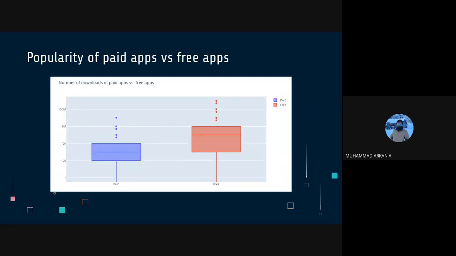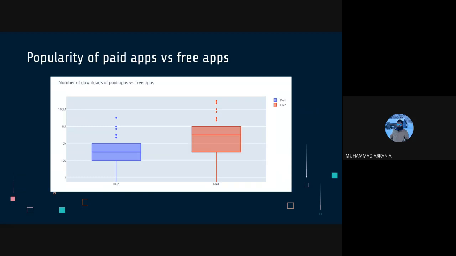Now we are going to talk about the popularity of paid apps versus free apps. In the Play Store, there are five pricing strategies: free, freemium, paid, premium, and subscription. In this case, we are going to focus on free and paid apps only.